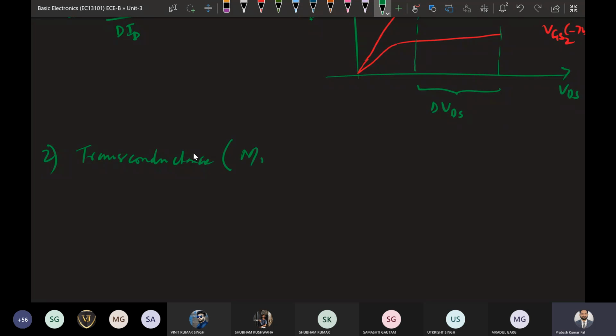Transconductance, or it is also called mutual conductance, defined by GM. Okay, so transconductance is called transfer conductance.